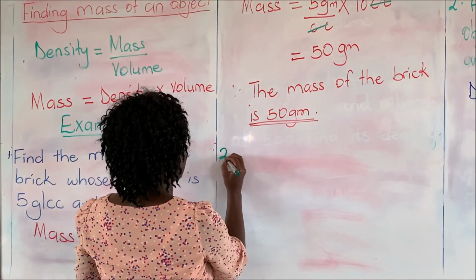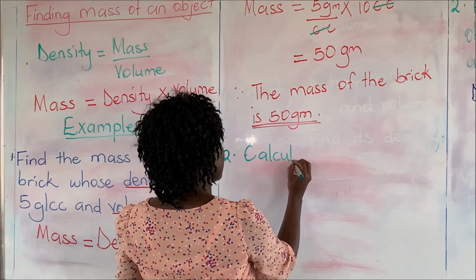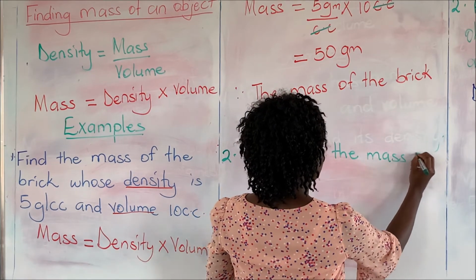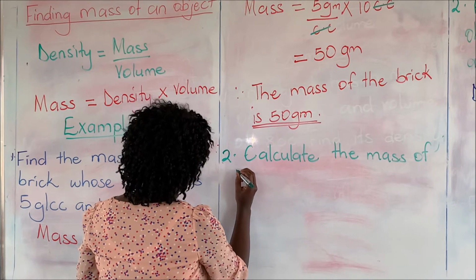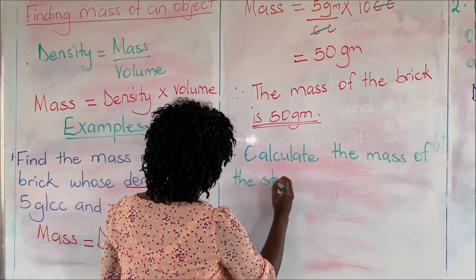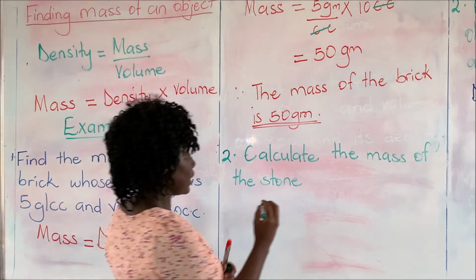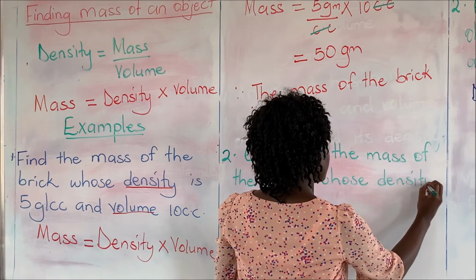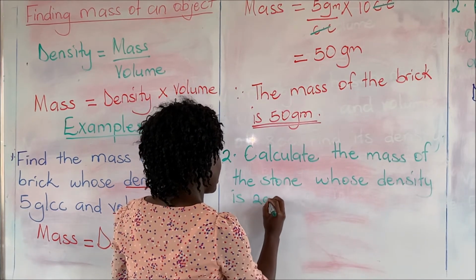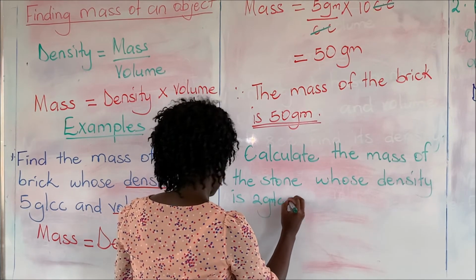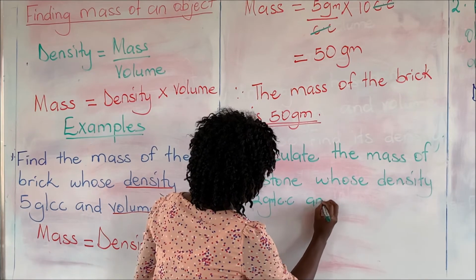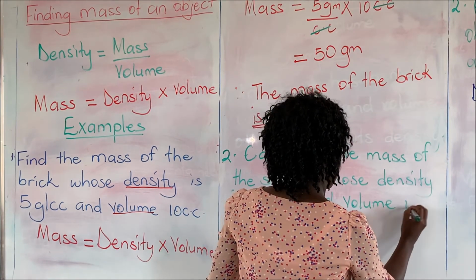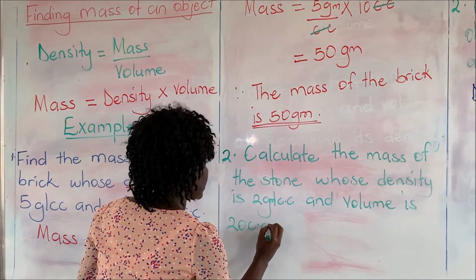Okay, example number 2. Calculate the mass of the stone whose density is 2 grams per cubic centimeter and volume is 20 cubic centimeter.